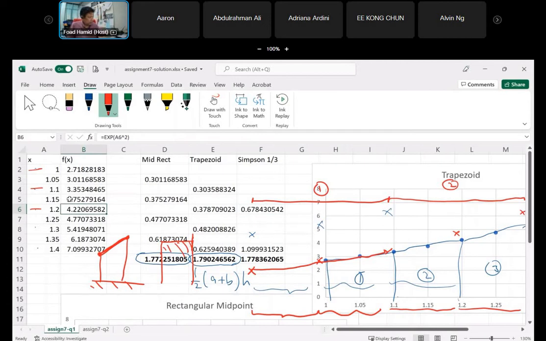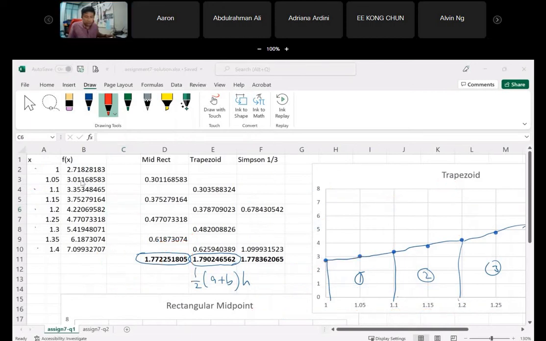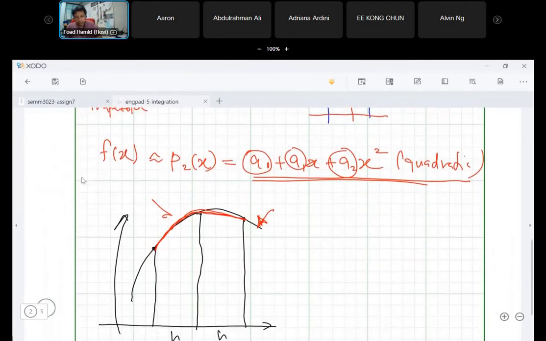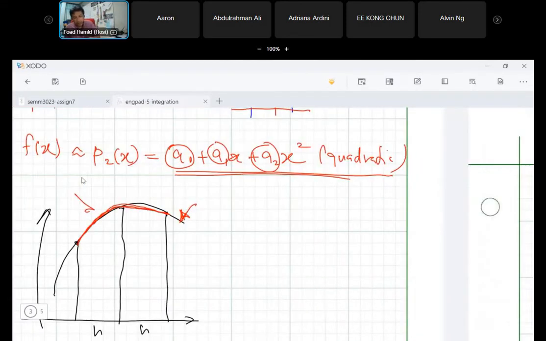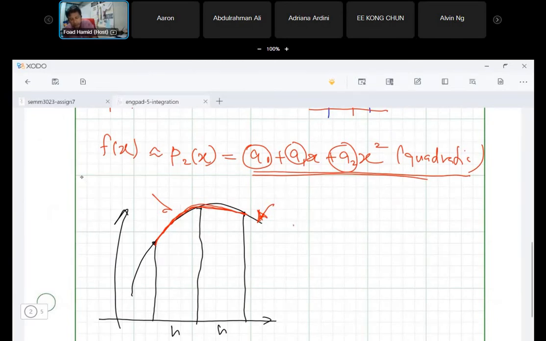Okay, so let me rewrite that. I don't think I need to rewrite that, but okay, so the equation is just 1/3. This is why the Simpson rule is known as 1/3 Simpson rule, times h.